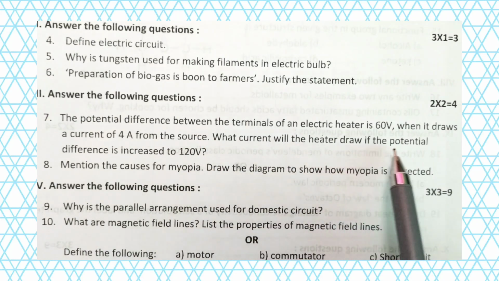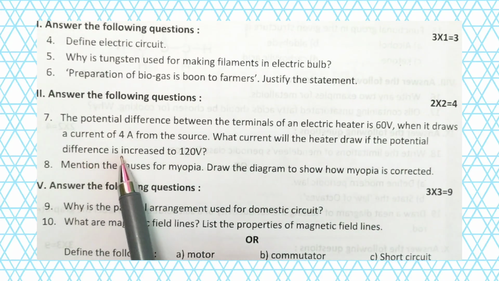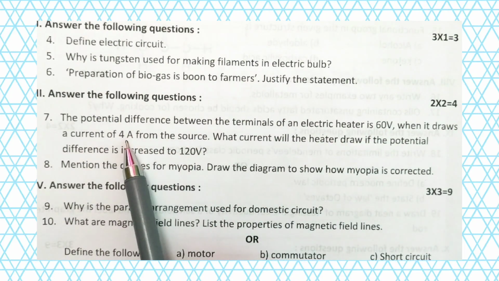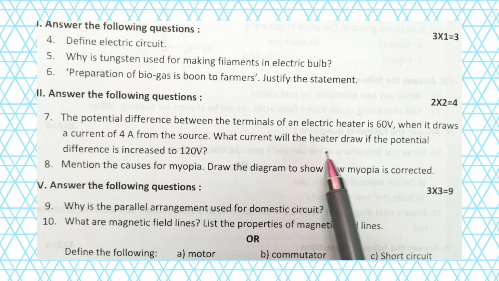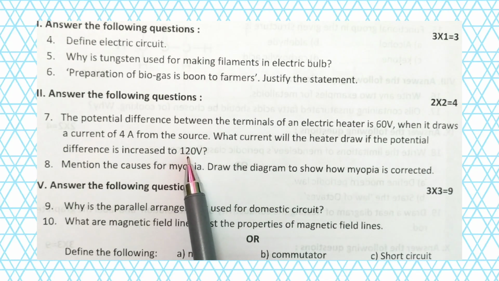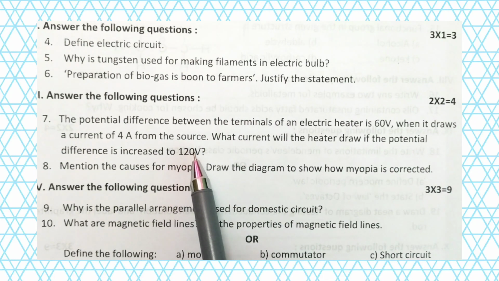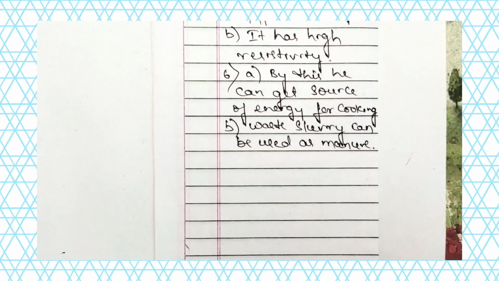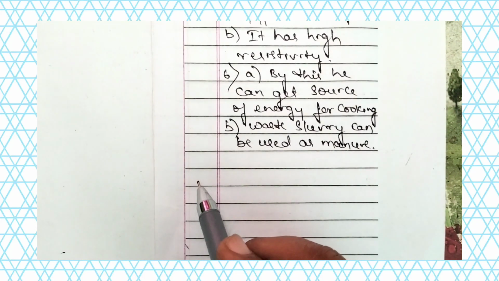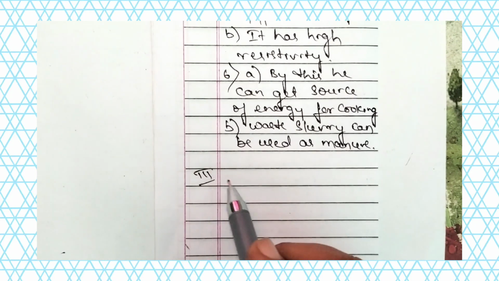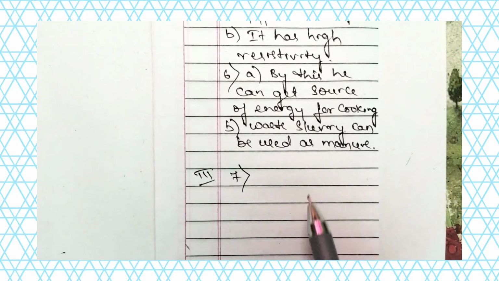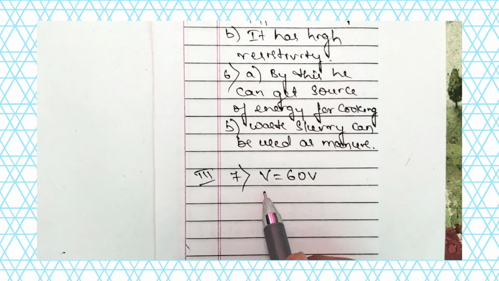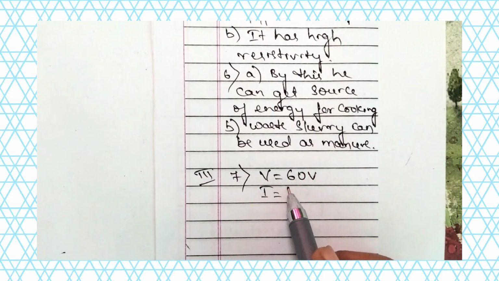What current will the heater draw if the potential difference is increased to 120 volts? So when the voltage is 60 volts the current is 4 ampere; when we increase the voltage to 120, what will be the current? Let us answer this question. This is the third main, seventh question.